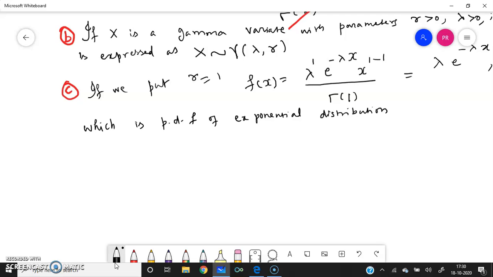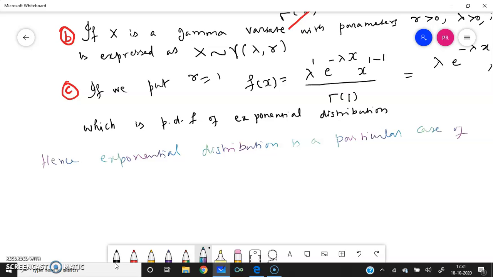Hence, a very important concept: the exponential distribution is a particular case of the gamma distribution.